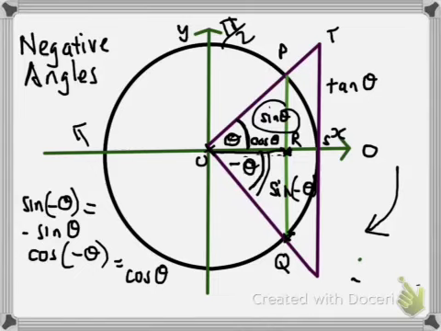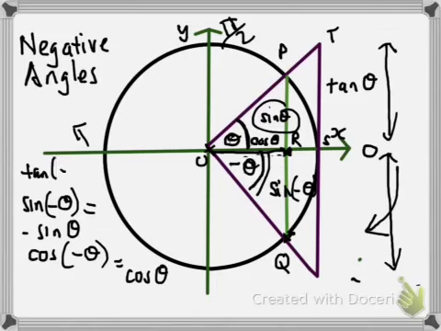What about tan theta? Well, you can see I've got tan theta there for the angle that we've been familiar with, that distance TS. For negative theta, it's the same distance once again, but it's negative. So our third rule here is that tan of negative theta equals negative tan theta.